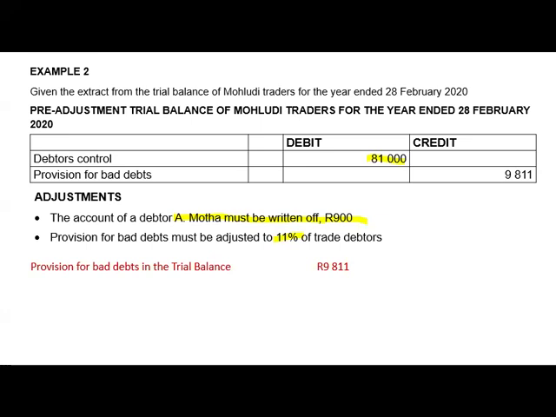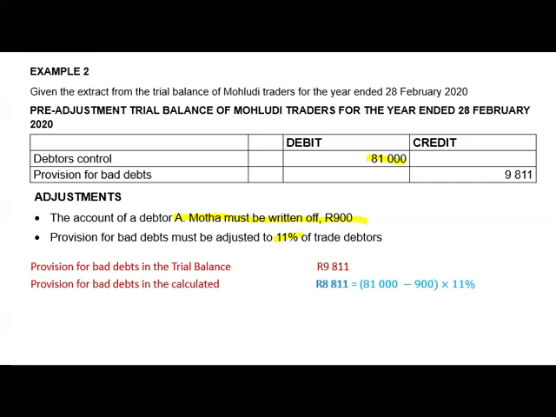Now, when I calculate my provision here, can I take that 81,000? What do I do? 81 minus 900. I'm glad you guys got that. We subtract because we credited debtors control. When you credit debtors control, it means you subtract from debtors control. Okay. And whatever is left will be the one that I multiply by 11%. And it'll give me 8,811. Then you compare the two. Which one is the correct one, red or blue?